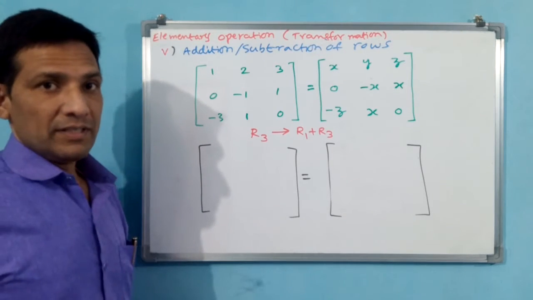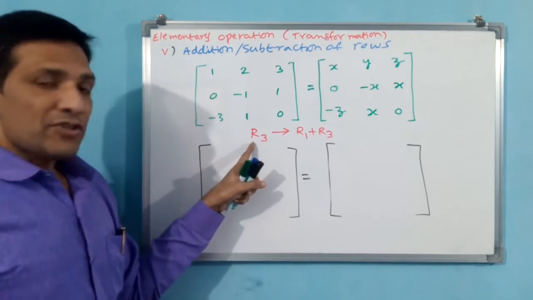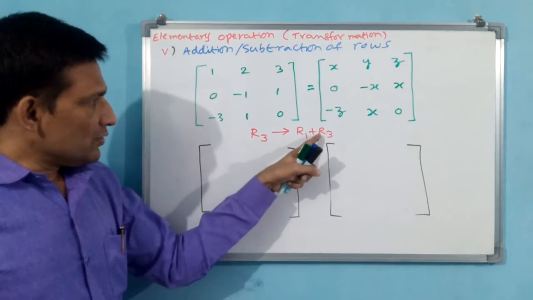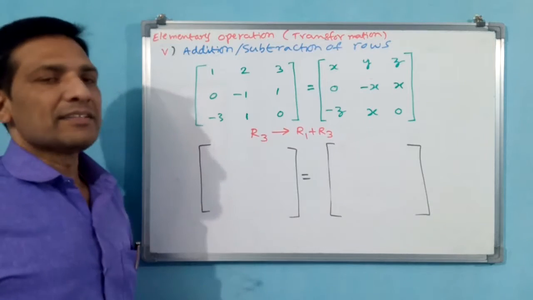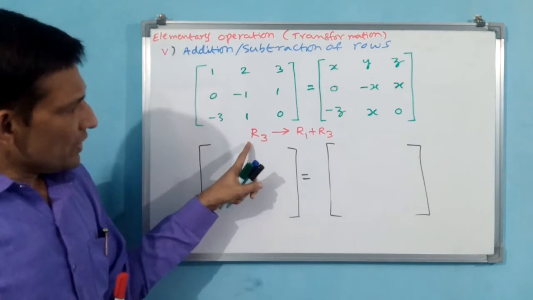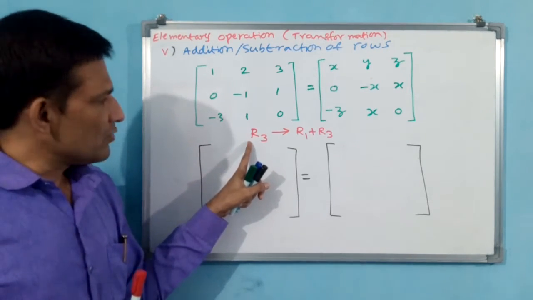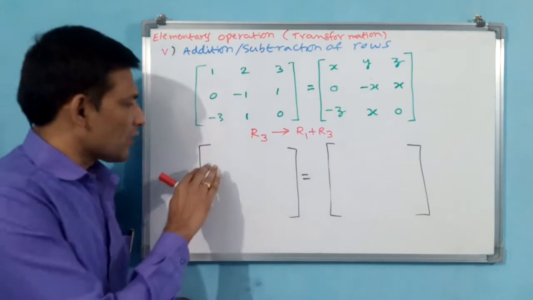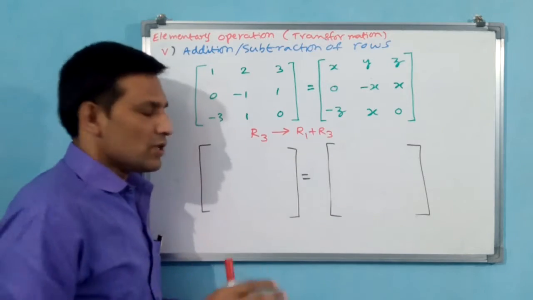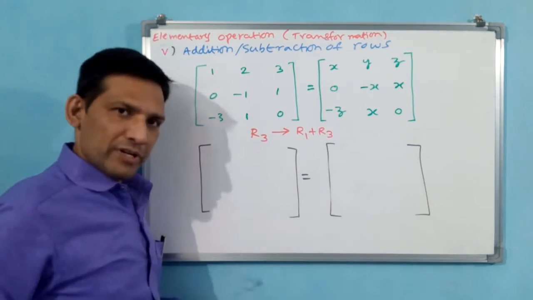Observe carefully. You are changing in R3, the change is that you are adding R1 to R3. But is there any change in R1 and R2? No. That means R1 and R2 you first copy. Here R1 is there, but don't confuse, R1 is not going to change. R1, R2 come the same.